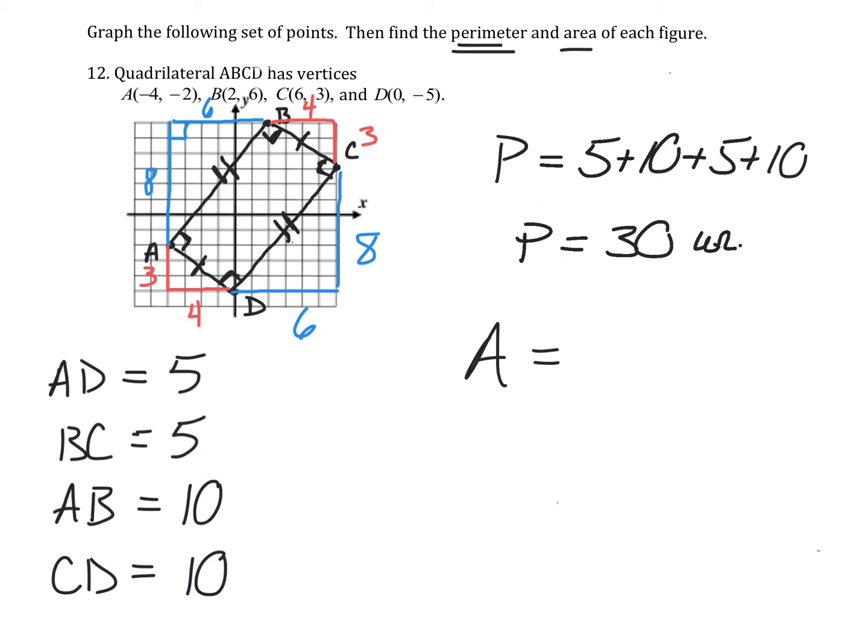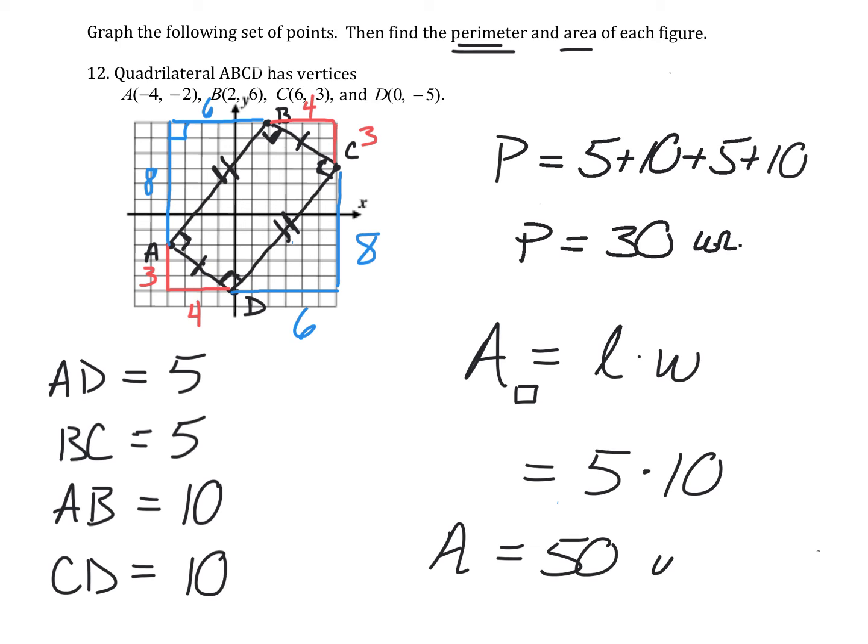So in that case, what I'm actually looking at is a rectangle. I know my formula for the area of a rectangle is length times width. So in this case, it's going to be 5 times 10. So my area is going to be 50 units squared.